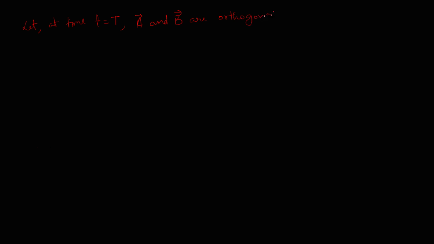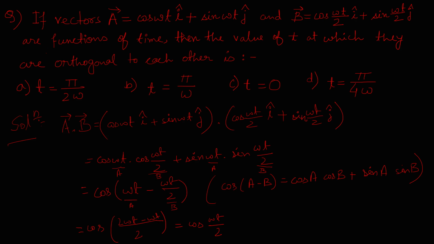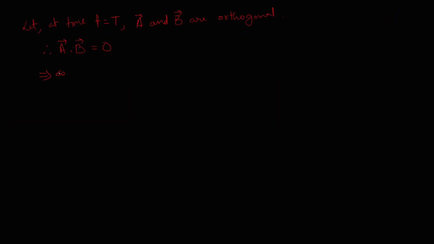Therefore their dot product is 0. So A dot B is 0. At that time, cos of omega capital T by 2 is equal to 0. Now at what value does this become 0? Cos of 90 is 0.